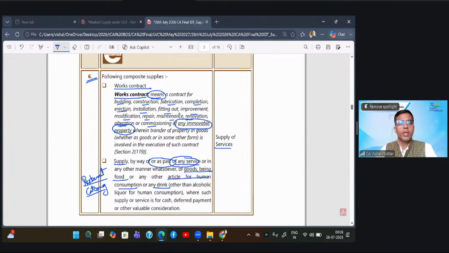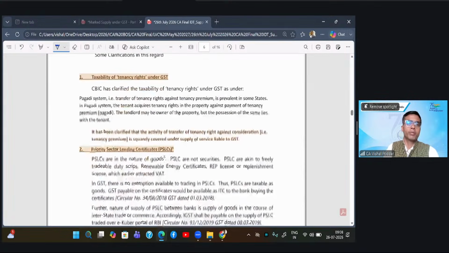So whenever any of these, such as repairs, construction, building, fabrication, are done for the immovable property, it will be treated as a supply of service. So a works contract is carrying out any of the 14 acts on an immovable property. And second, restaurant and catering, that is, supply of food along with service. These are always to be deemed as a supply of service.